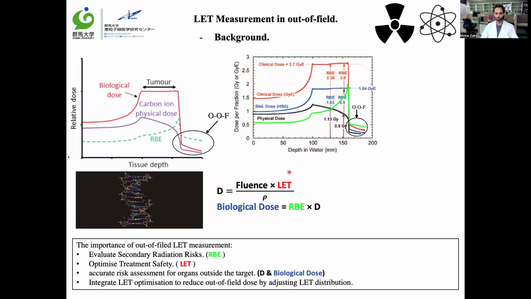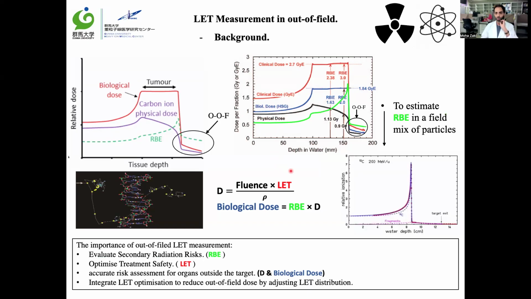And for us to estimate the RBE in a field of mixed particles, we need to consider the distribution of LET delivered by all contributing particles, including the primary beams, carbons for instance, plus the secondary particles and the fragmented particles, to determine the LET of all those particles.